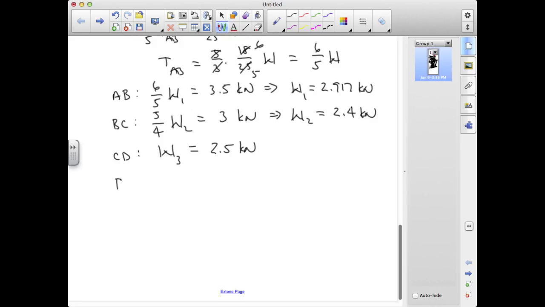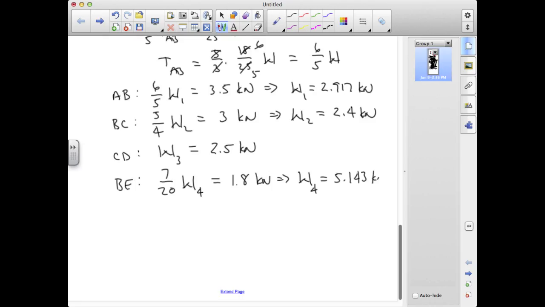For BE, we'll choose the appropriate value for compression. Since we have positive values for the two compressions that we solved for, they are in fact in compression, and we'll use that limit load. So we have 7/20 W4 is equal to 1.8 kilonewtons, and that gives us a fourth limit load that's equal to 5.143 kilonewtons.